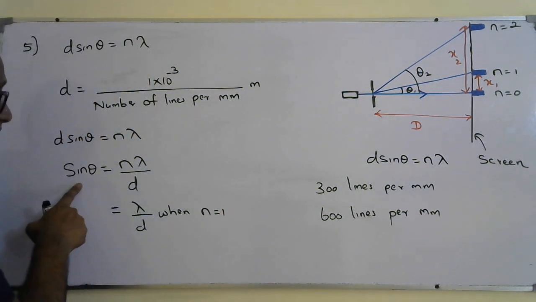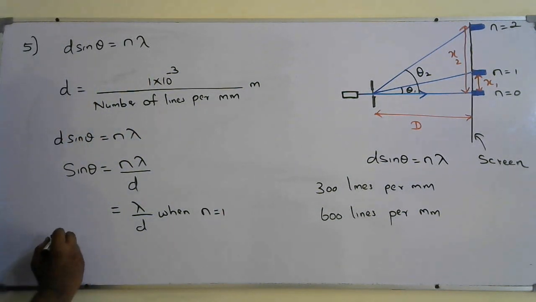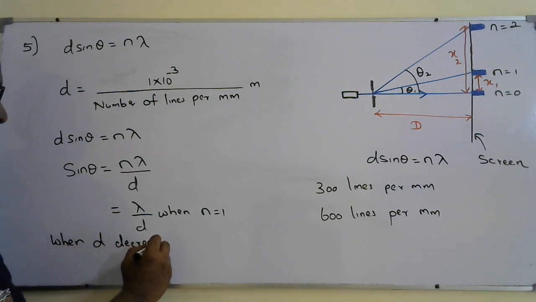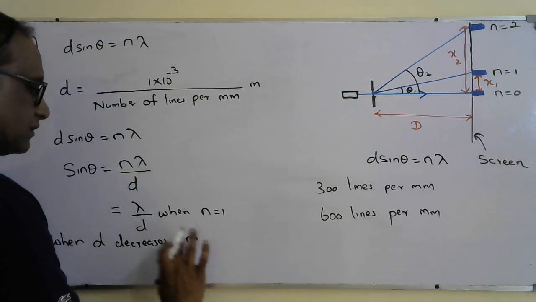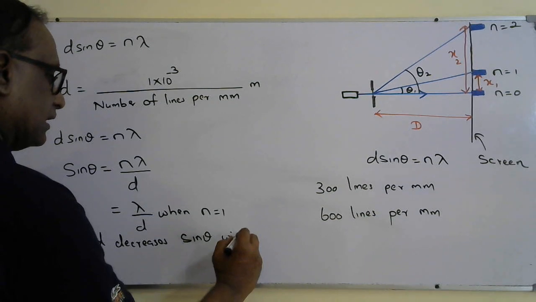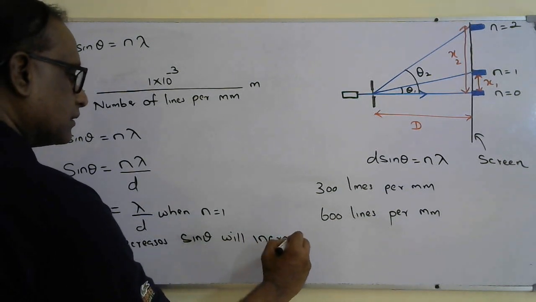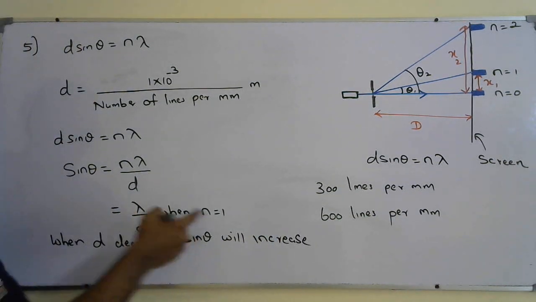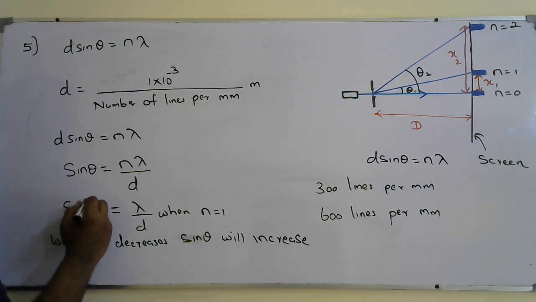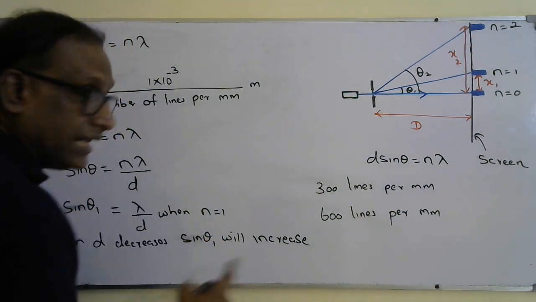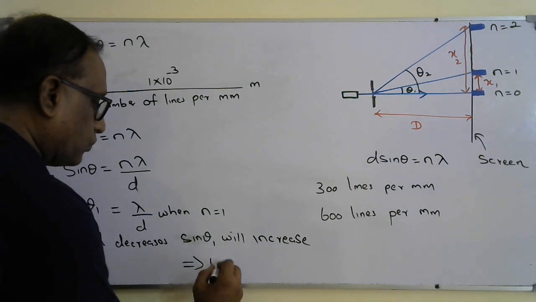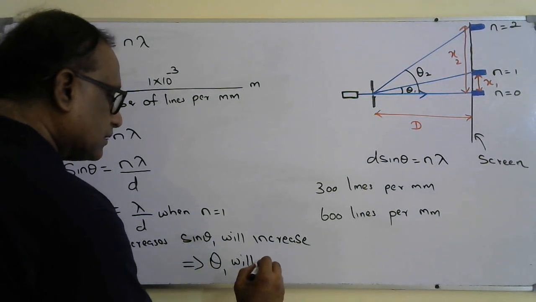When d decreases, sin theta will increase. Because n equals 1, I can name this sin theta 1. So sin theta 1 will increase, which means theta 1 will increase.